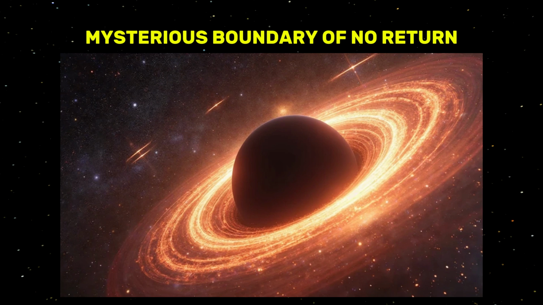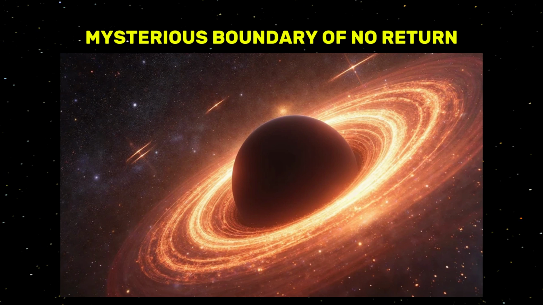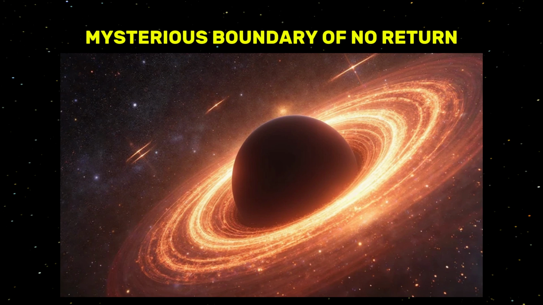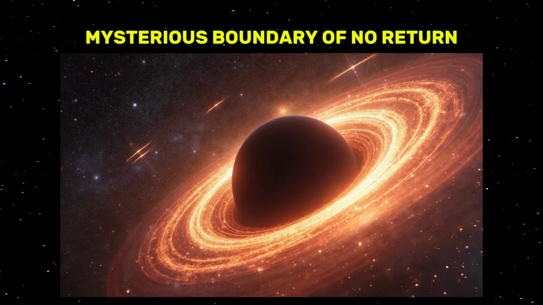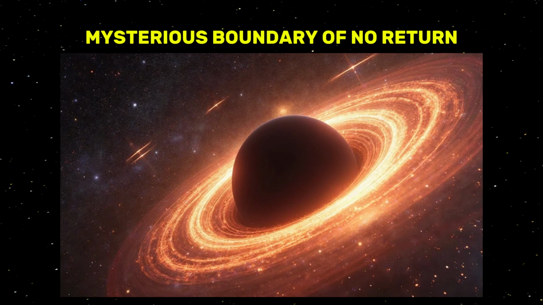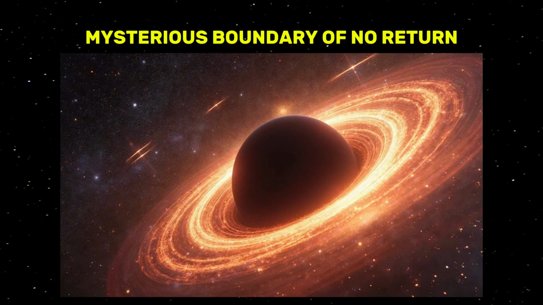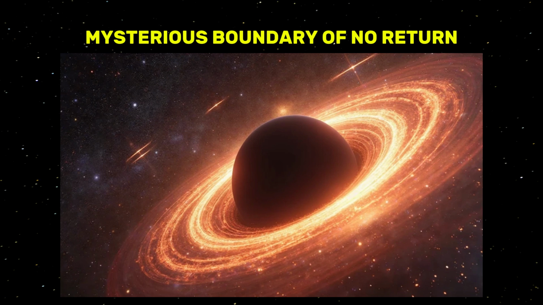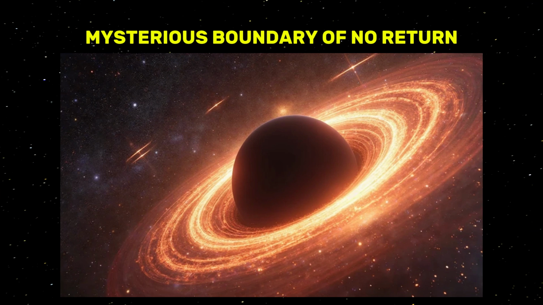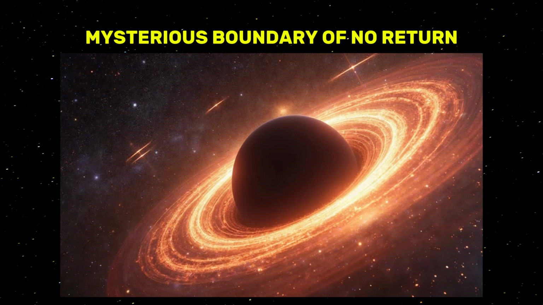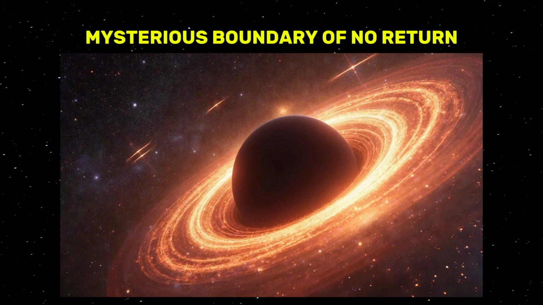What sets the event horizon apart is that the required speed to escape it exceeds that of light itself, roughly 300,000 kilometers per second. This means that once anything, including light, goes beyond this invisible perimeter, it is inevitably drawn into the core of the black hole, the singularity, where the curvature of space-time becomes infinite.